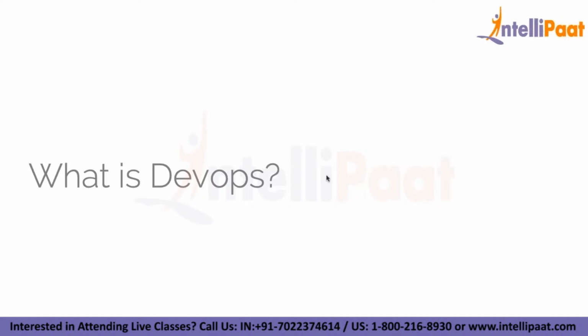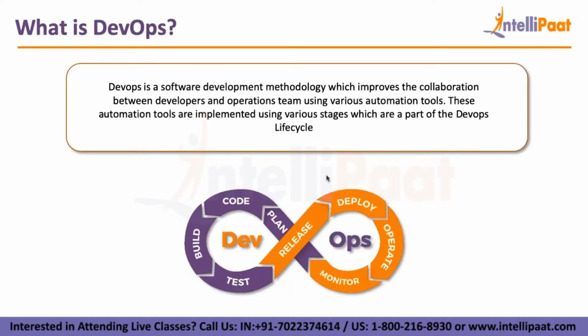So what is DevOps? So guys, DevOps is basically a methodology which aims at solving the differences between the development team and the operations team. And that methodology basically makes use of a lot of software, and that software is implemented in a way which minimizes the human effort, and at the same time it solves the problem of the different kinds of clashes which the developers and testers were getting.